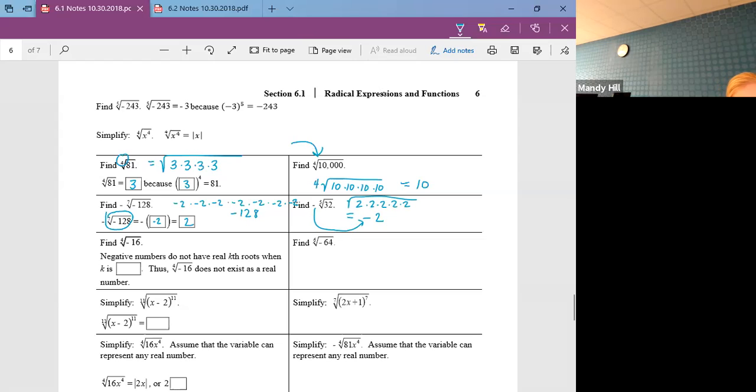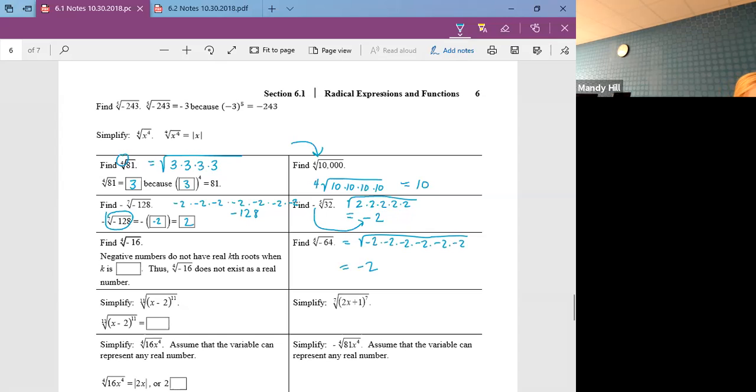This one is different because the negative is underneath. So negative 2 times negative 2 times negative 2, all these need to be negative. So the answer is going to be negative 2.